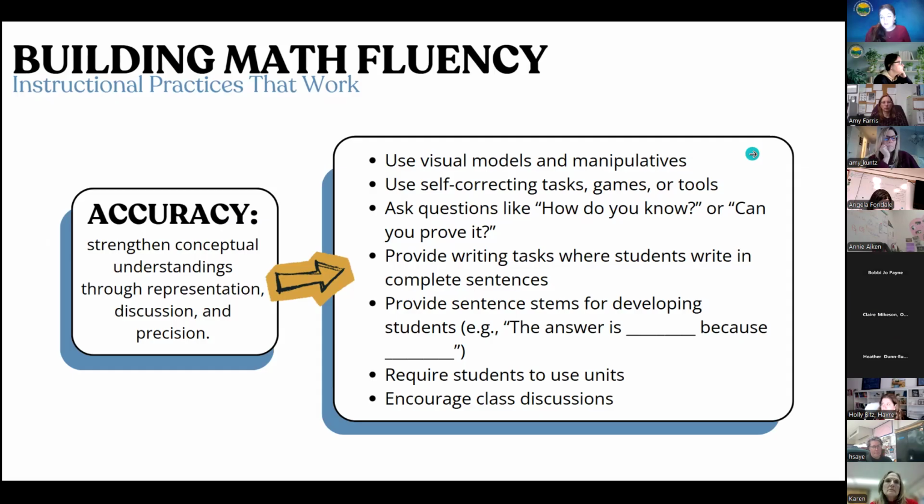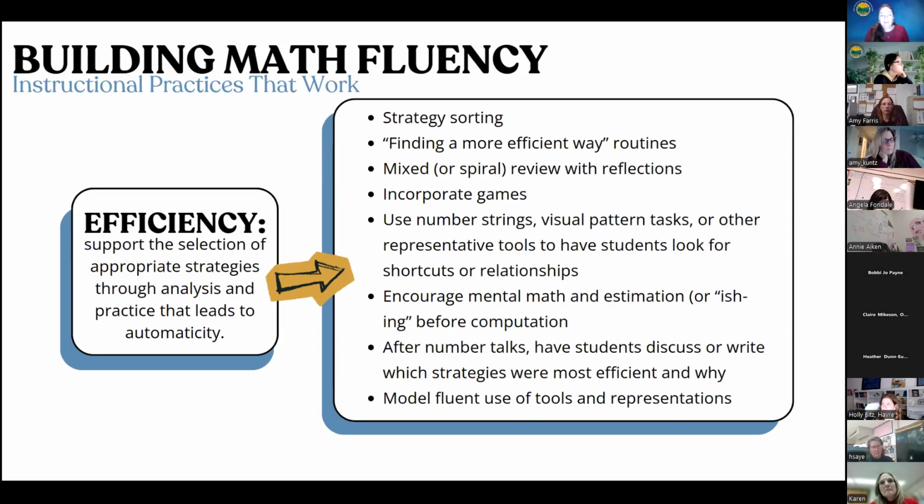Some strategies for efficiency: we might do some strategy sorting activities with them, challenges to find more efficient ways, reflections, games. We might bring in number strings or visual pattern tasks with those 5 representations again. We might do mental math or estimation.